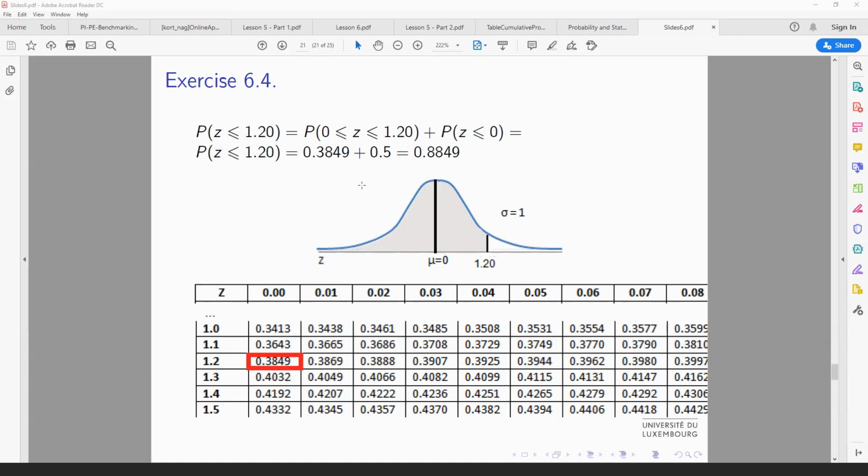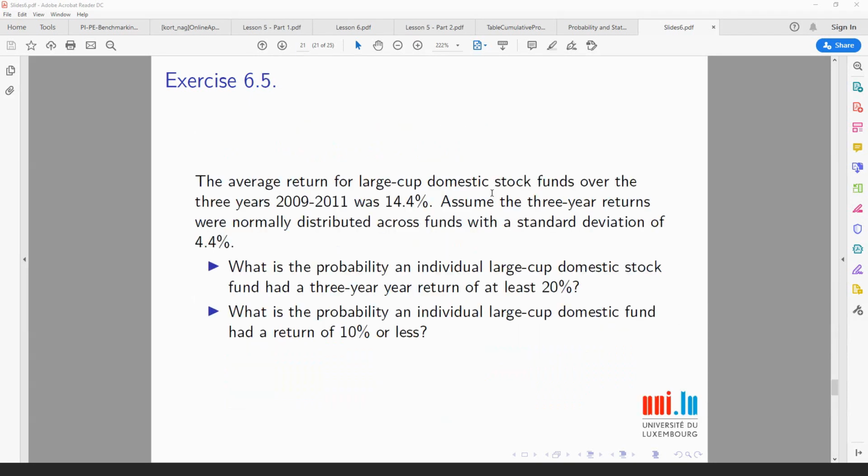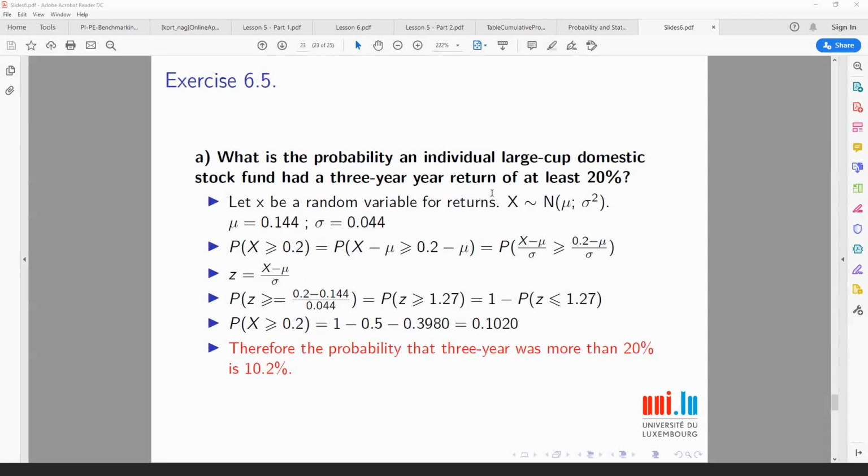Just because the tables are given in this way, by using features of our normal distribution, we can easily re-express it.